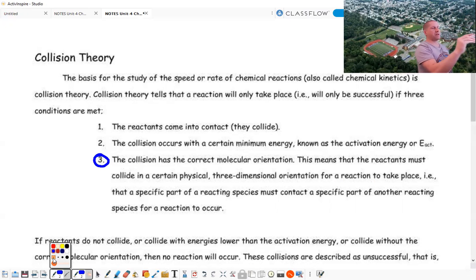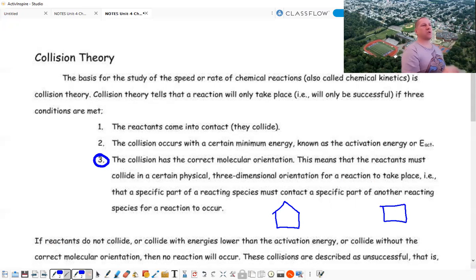An easy way to describe this: say we have something that's pentagon shaped and we have something that's square. And let's say the only place that this thing can collide and actually make a reaction occur is when this side right here hits this side right here.